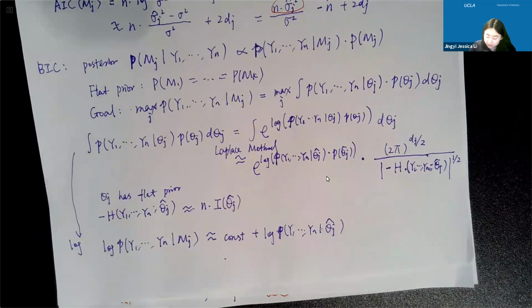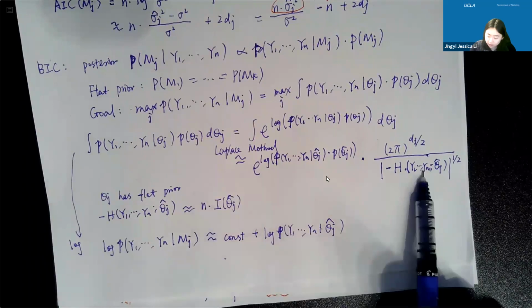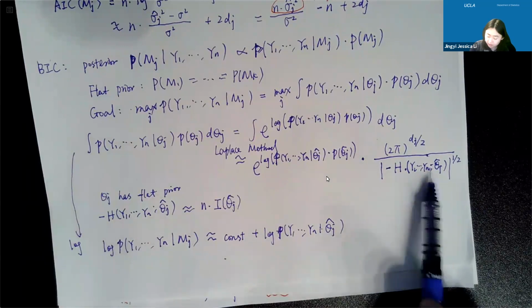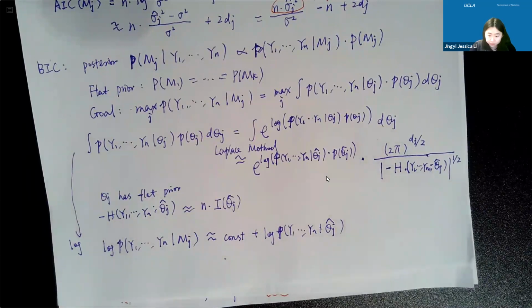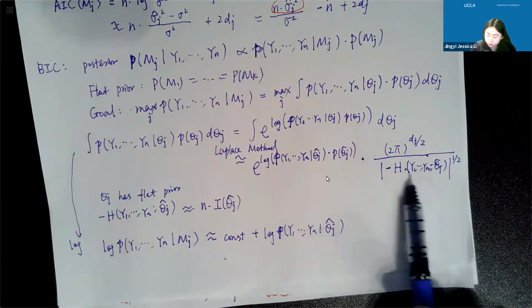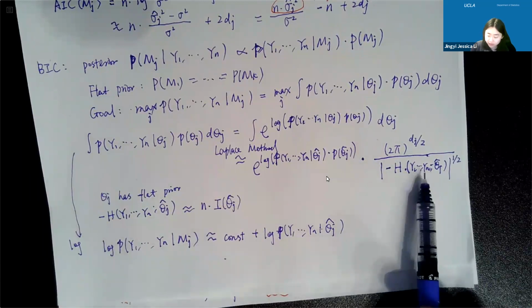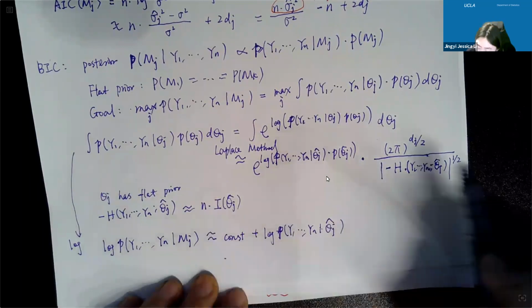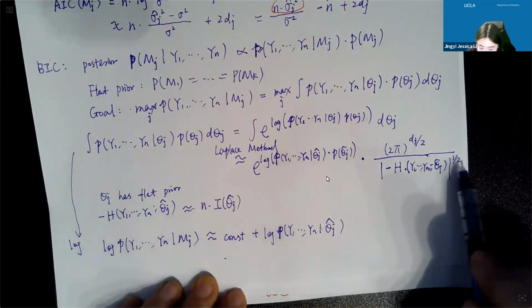And what's here is that in the denominator I have n and the Fisher information to the 1/2. This matrix is dj by dj dimensional, so once I get that out, I'm going to have n to the power of dj over 2.